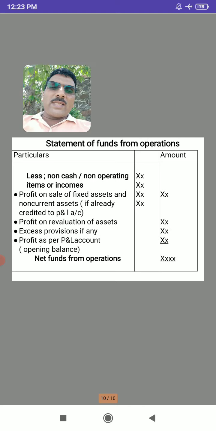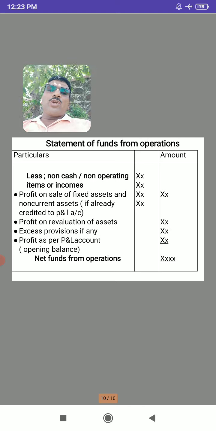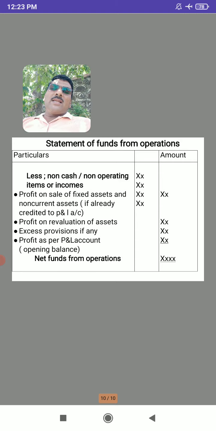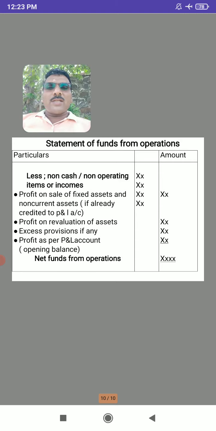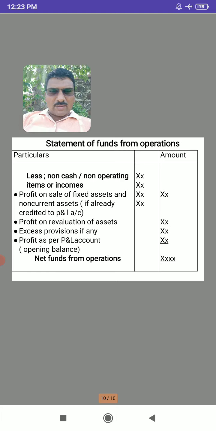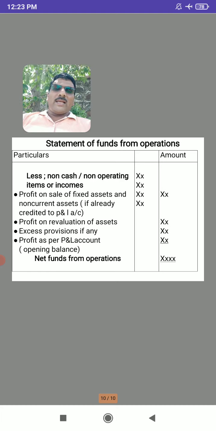working capital. Second one is the preparation of fixed asset account. If there is any purchase or sale of asset that has taken place in the period, that time the asset account is prepared. Third one is the statement of funds from operation.